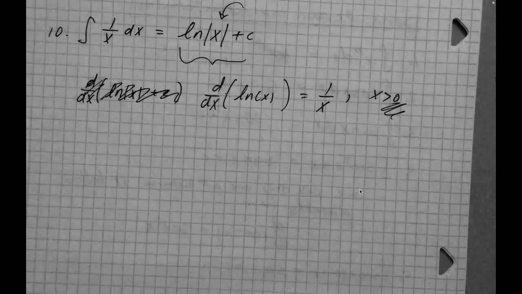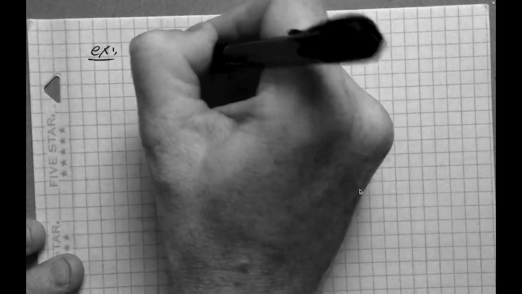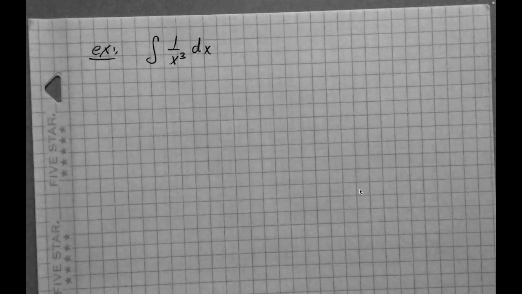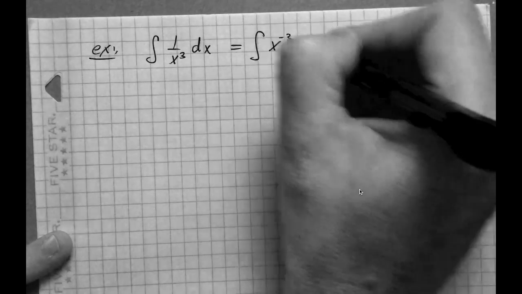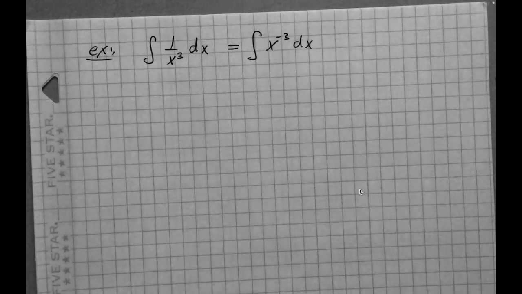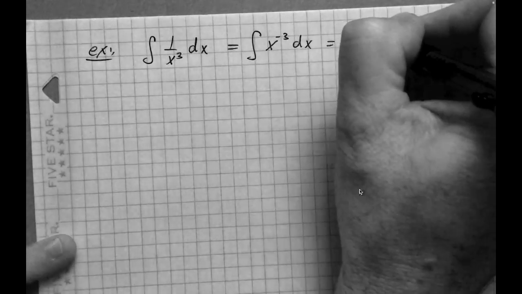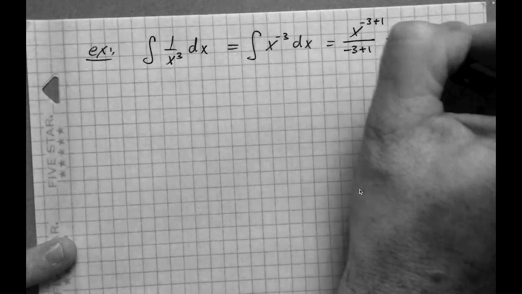Let's calculate the following integrals. Let me start a fresh sheet of paper here. Let's calculate the integral of 1 over x cubed dx. We would probably want to rewrite it as x to the negative third power, and then it's just an application of that x to the n formula. So we get x to the negative 3 plus 1 divided by negative 3 plus 1, plus the constant of integration.